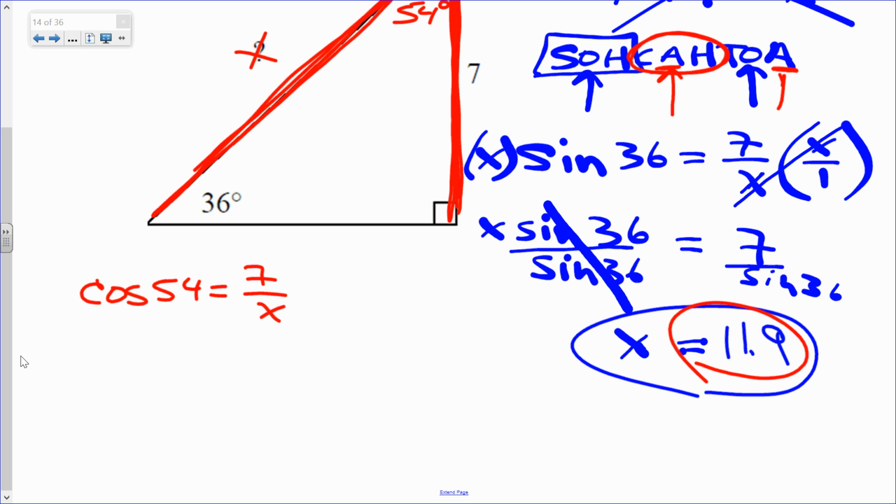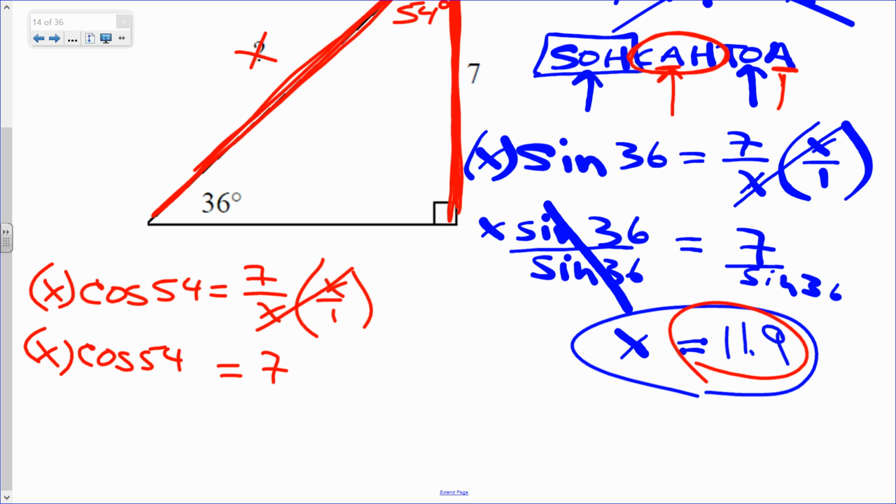Let's get x by itself just the same way we did. x is in the denominator, so I'll multiply both sides by x over 1. Whatever I do to one side, I've got to do to the other. That gets rid of it on the right, so all I have is 7 on the right. On the left, I have x times the cosine of 54.